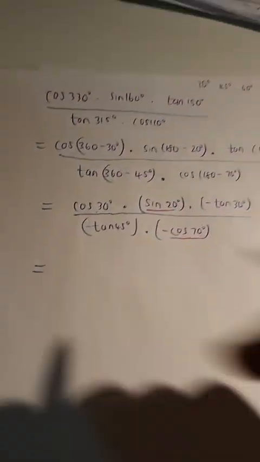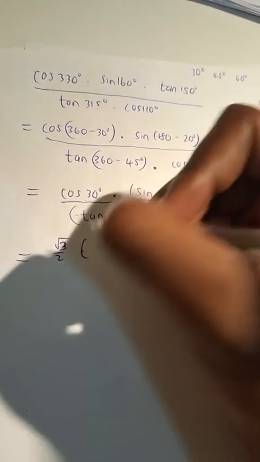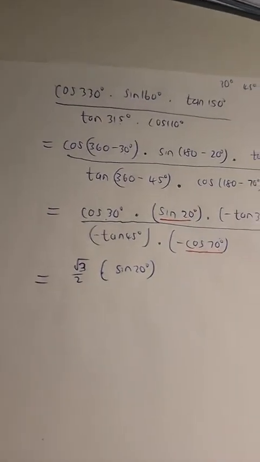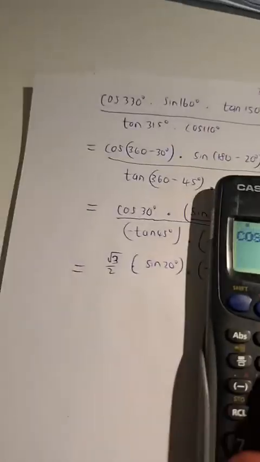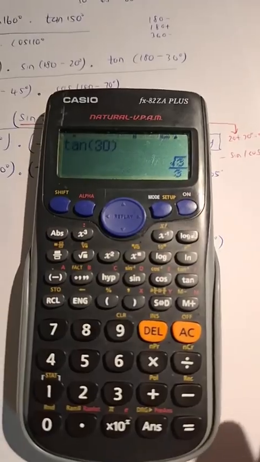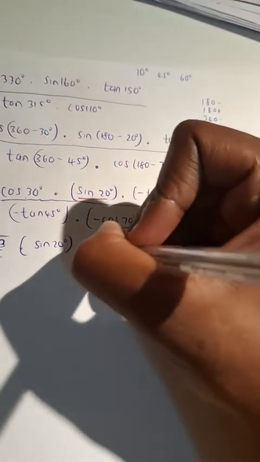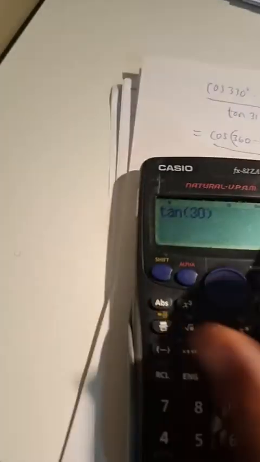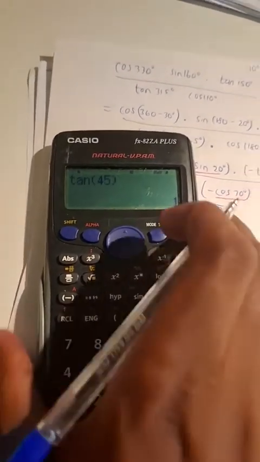Cos 30 is square root of 3 over 2, times sine 20, that's fine, negative tan 30, let's go, tan of 30 degrees, use your calculator, negative 3 over negative square root, okay, do you see, over tan 45, do the same thing, tan 45, 1.